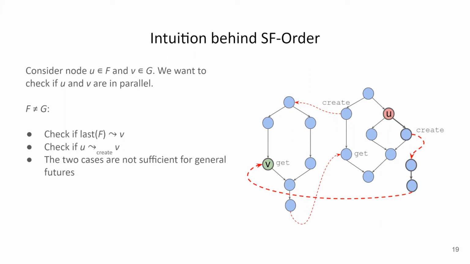As we can see in this example, U and V are in different futures, and there isn't a path from the last node of F to V or a create path from U to V. But there exists some other path that doesn't fit into any case. So in our work, we design different data structures so that we can run those checks efficiently. Due to the time limit of the talk, I won't dive into that, and you can find more detail in our paper.